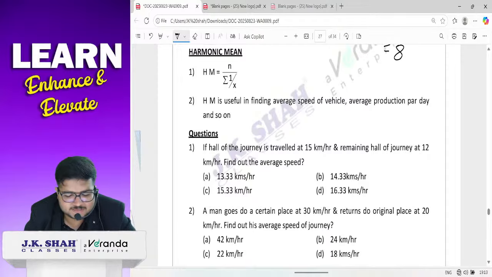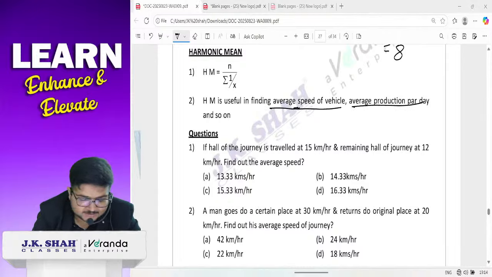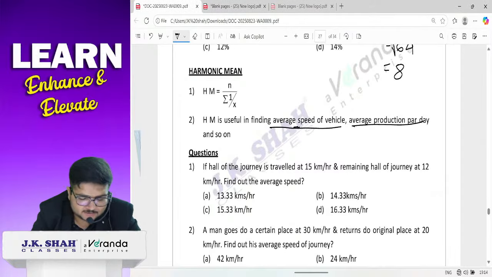There are some keywords that will indicate that you have to use harmonic mean and not geometric mean or arithmetic mean. If in the question they tell you to find average speed of vehicle, average production per day, in that case only you have to find harmonic mean. Otherwise you don't have to find harmonic mean.